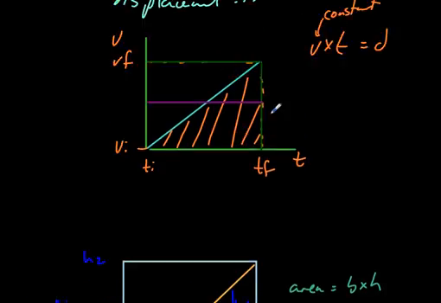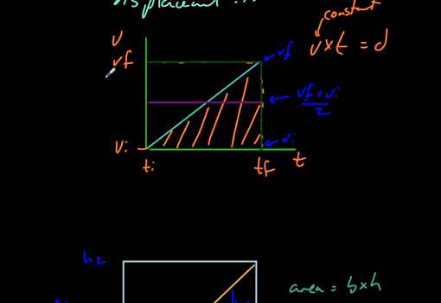So what we're going to do is come back to our drawing, which is our velocity time graph. If this represents VI and this represents VF, we could call this VF plus VI over 2. If you don't believe me, let's put values in here.